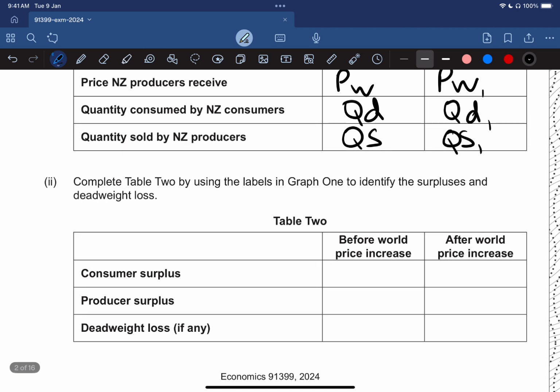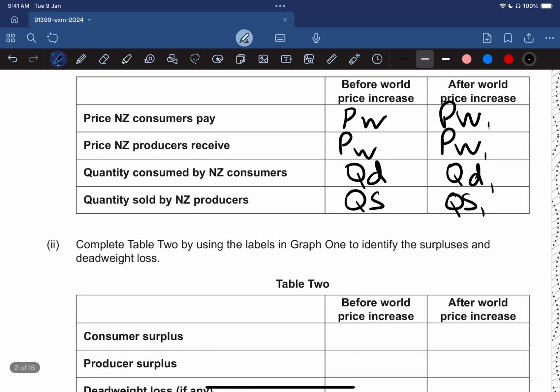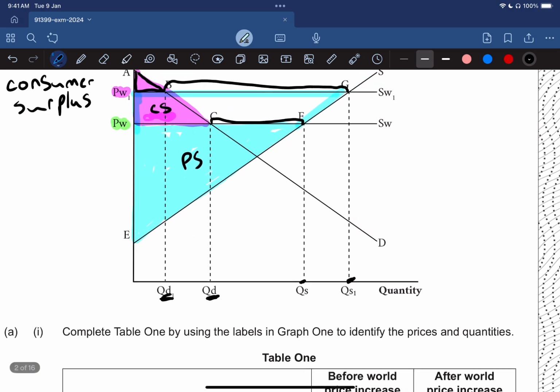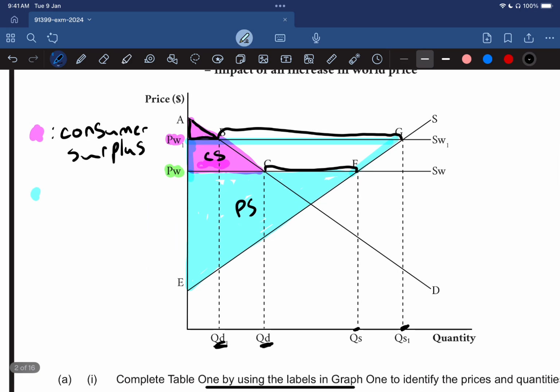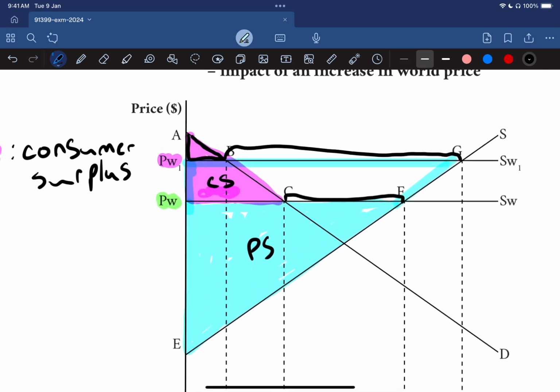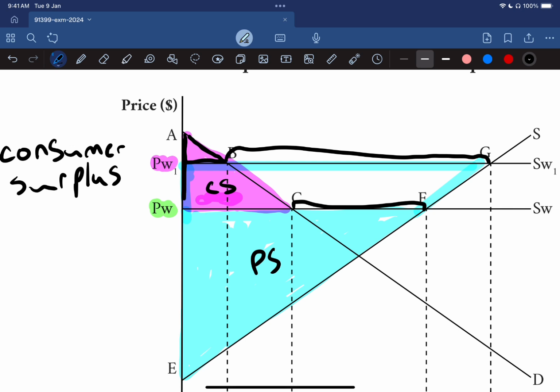Nice. So finally, guys, coming on here to part II, looking at consumer surpluses before and after. Looking up here at our consumer surplus section, originally, before this world price increase, it was this area all across here.